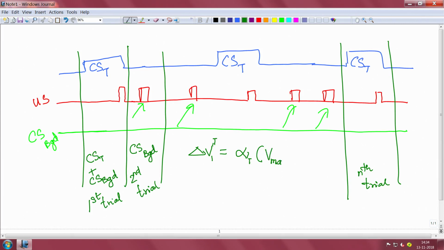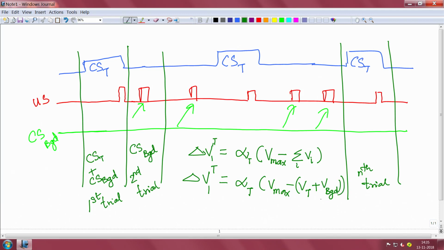And we have the V max. This is fixed, this does not change because given your US strength, which is certain milliamperes of current, you are fixing that V max, minus the summation of the responses elicited by all the stimuli, right. In this case we can explicitly write it as delta V1 for tone would be alpha tone times V max minus (V tone plus V background).